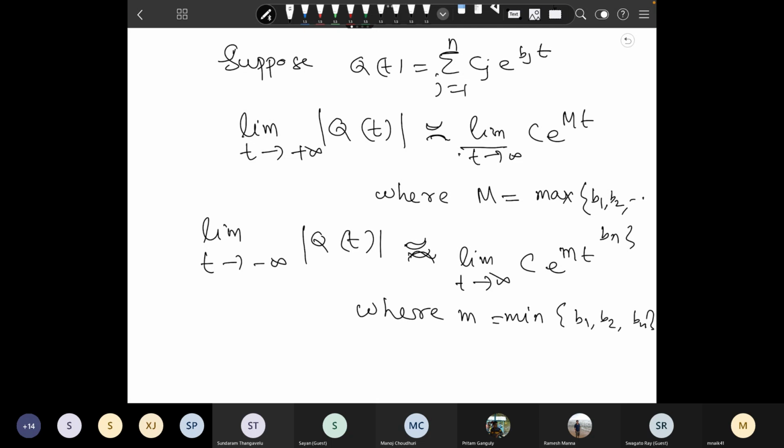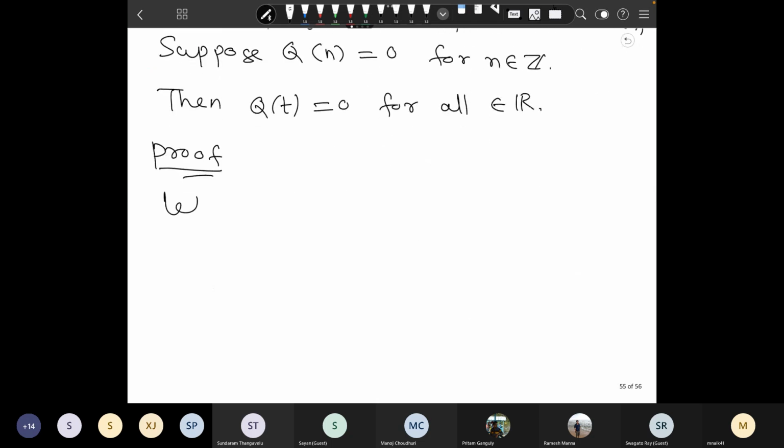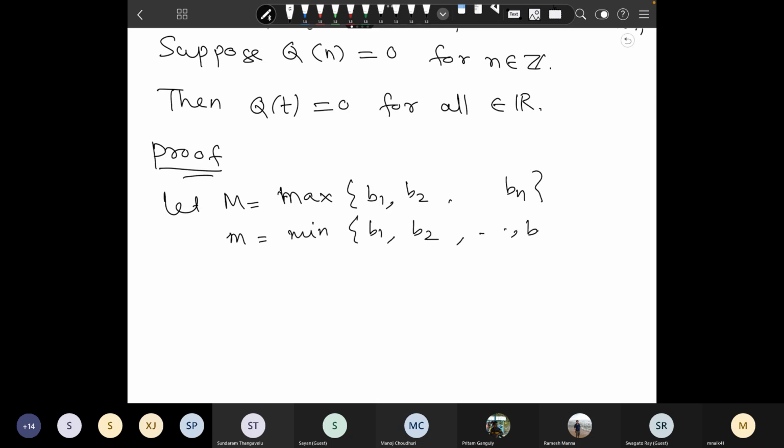This is the idea. Okay, so let us do it. So let M be the maximum of b1, b2, ..., bn, and small m the minimum of b1, b2, ..., bn.